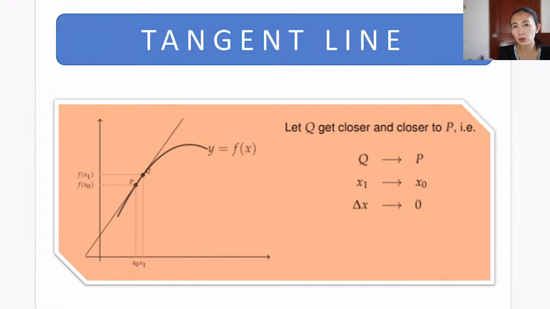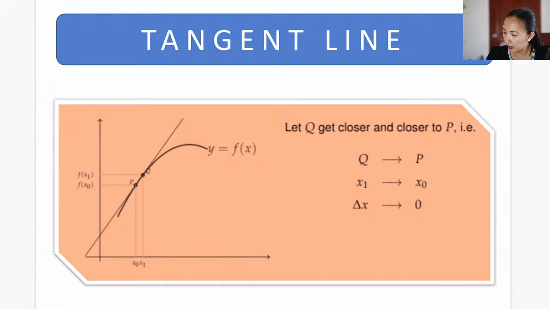Our goal is to find the slope of the tangent line from the slope of the secant line because that's all we have, points P and Q. And these 2 points are points of the secant line. So we can draw our secant line such that it is very, very close to the tangent line.